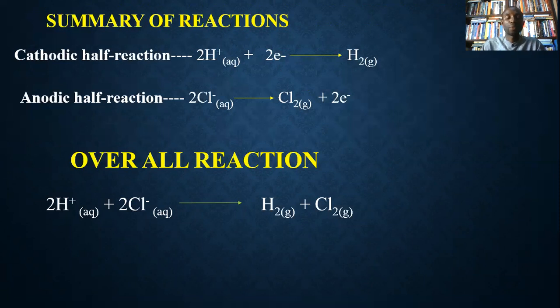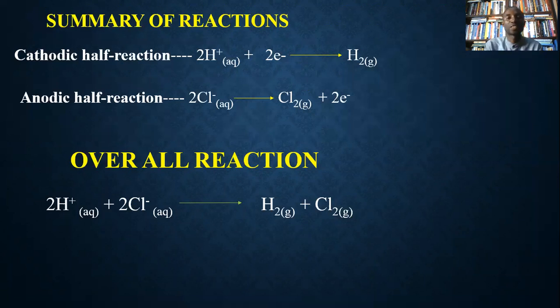The overall reaction will now be 2H plus and 2Cl minus, and the two products are hydrogen gas and chlorine gas. That is for the electrolysis of concentrated sodium chloride, brine.